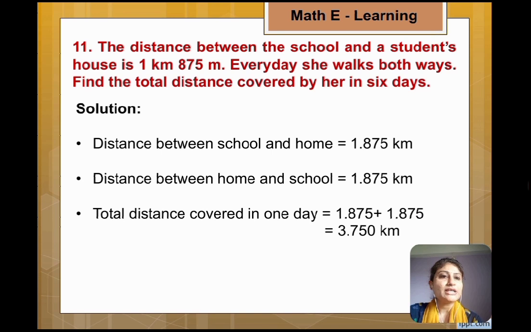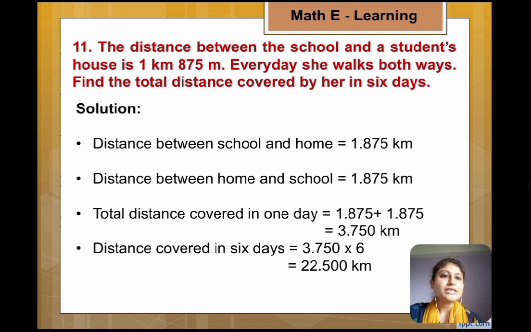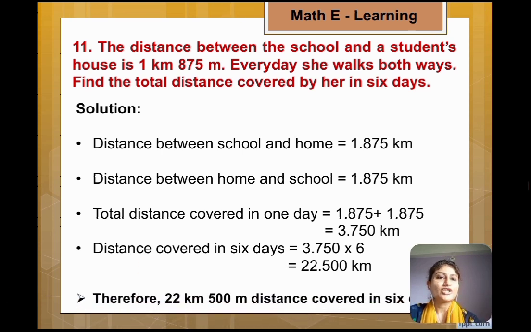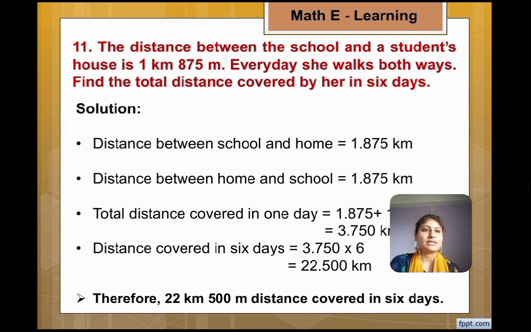Total distance covered in a day is equal to, by adding these two, 3.750 kilometer. Distance covered in 6 days is equal to, we multiply this distance with 6 and we get 22 kilometer 500 meter as the answer. Therefore 22 kilometer 500 meter distance is covered in 6 days.